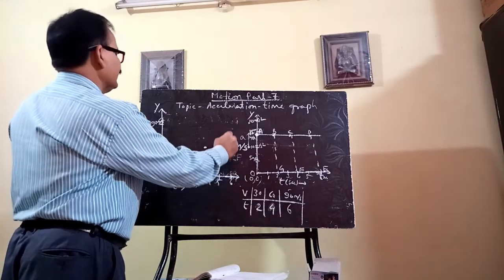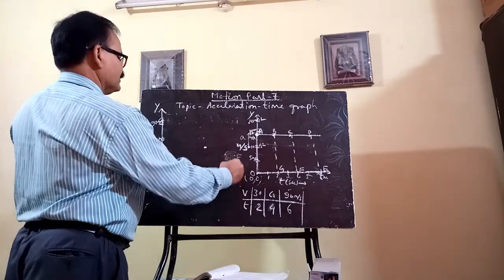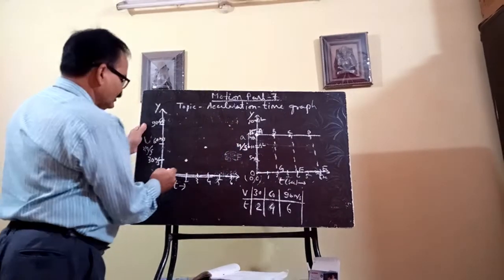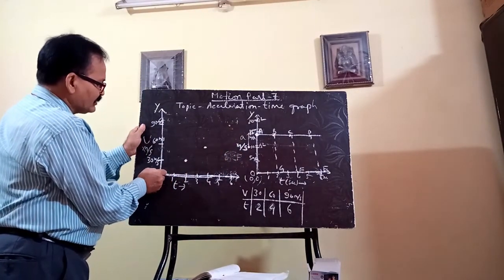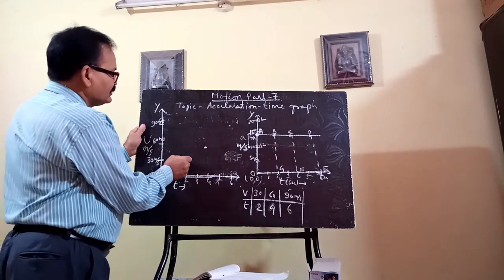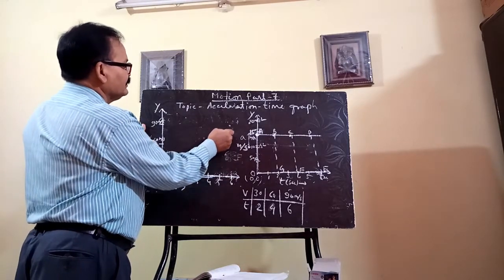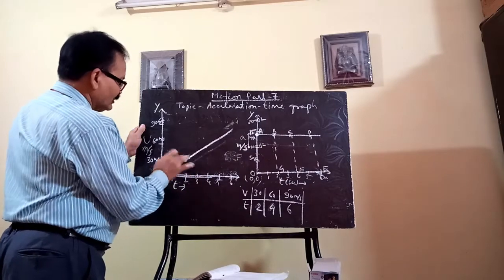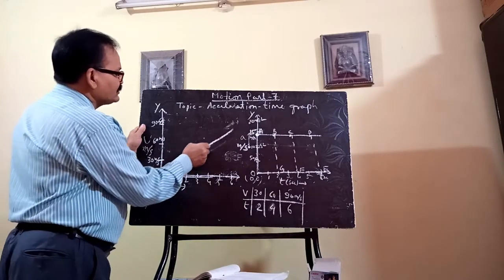When you join all these data points, you will see this is a straight line.